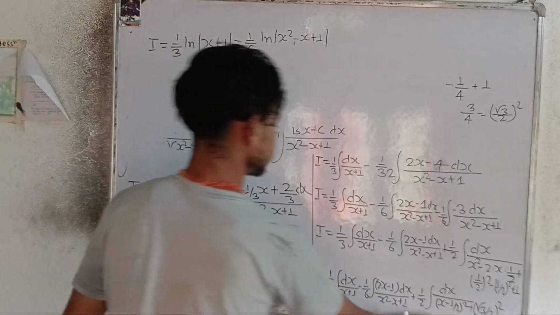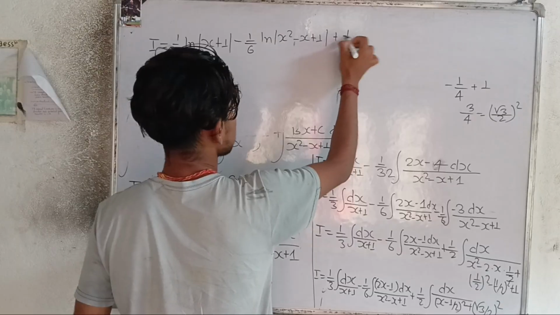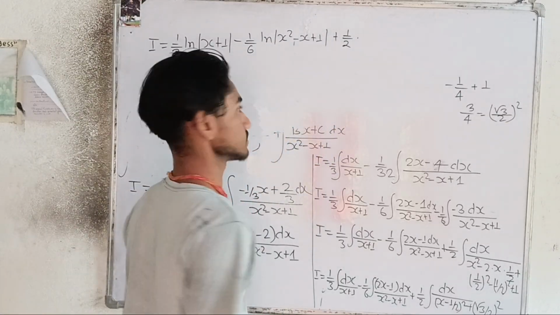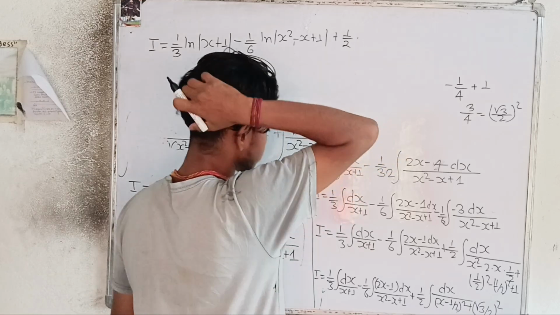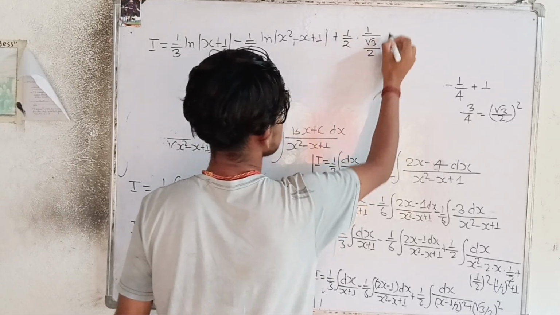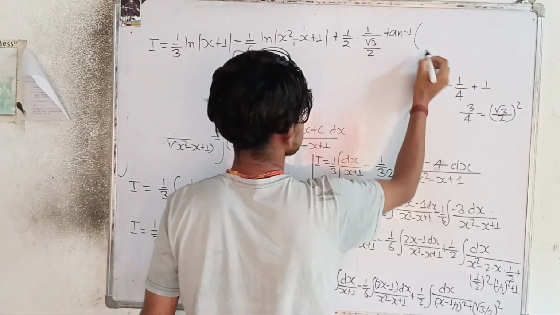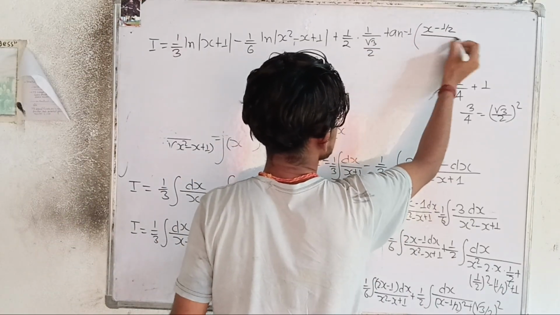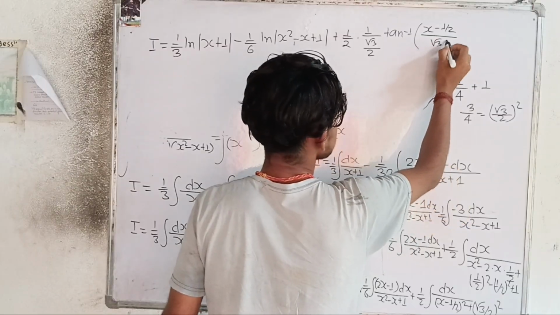Okay, and this is plus 1 by 2, and this can be written in terms of tan inverse, or simply arc tangent, and we got 1 over root 3 by 2 tan inverse of x minus half over root 3 by 2, right?